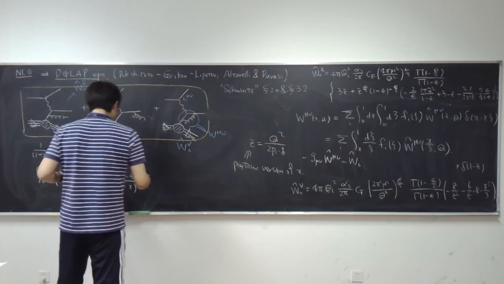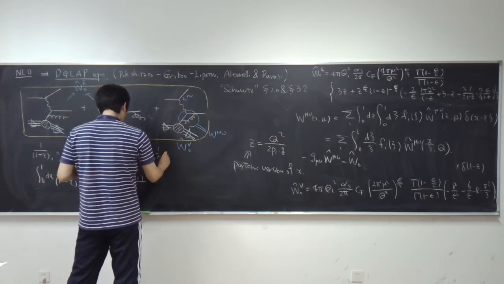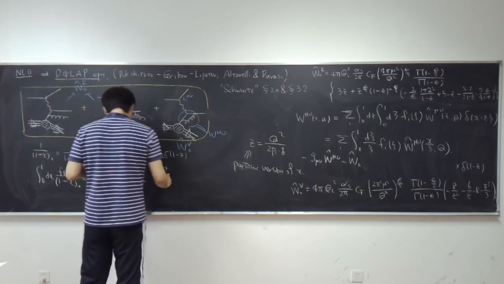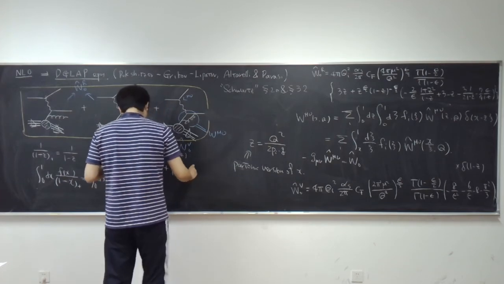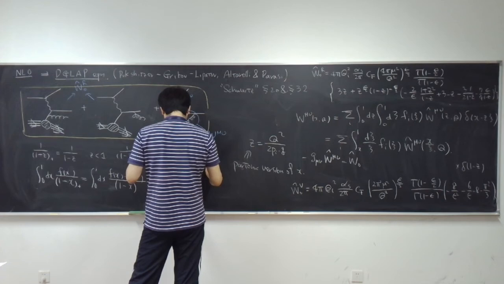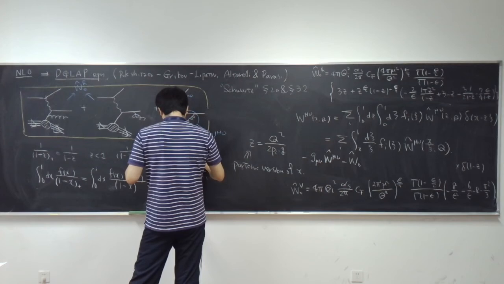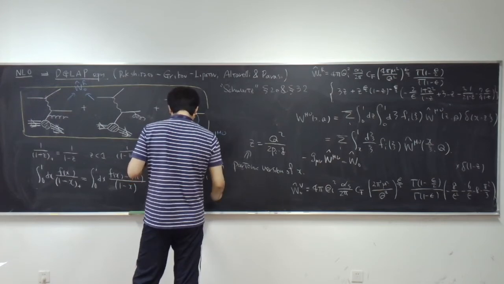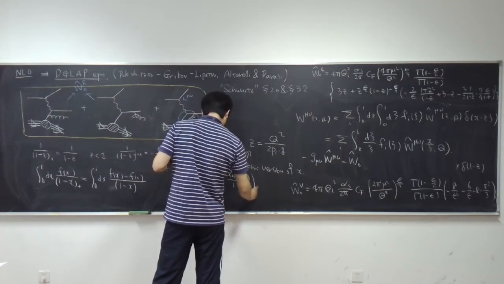Here 1 minus z to the power 1 plus epsilon can be written as: minus 1 over epsilon delta of 1 minus c, plus the plus function, minus epsilon, plus the sum over n from 1 to infinity of minus epsilon to the n over n factorial, log to the n of 1 minus c over 1 minus c, plus function.